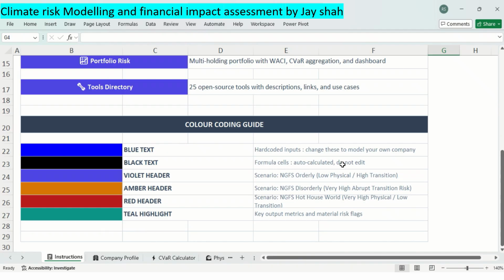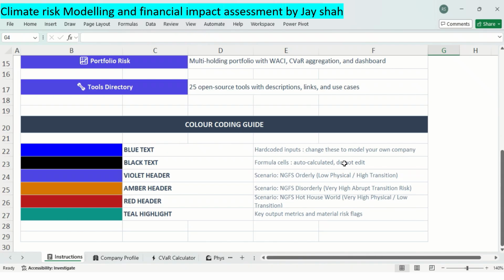Just to explain the color coding: blue text on a highlighted blue background is input cells. You can change these cells by modeling your own company or own scenarios. So basically blue is your data. Black text on a white or gray background is formula cells, automatically calculated, so do not edit. Black is the calculated result.